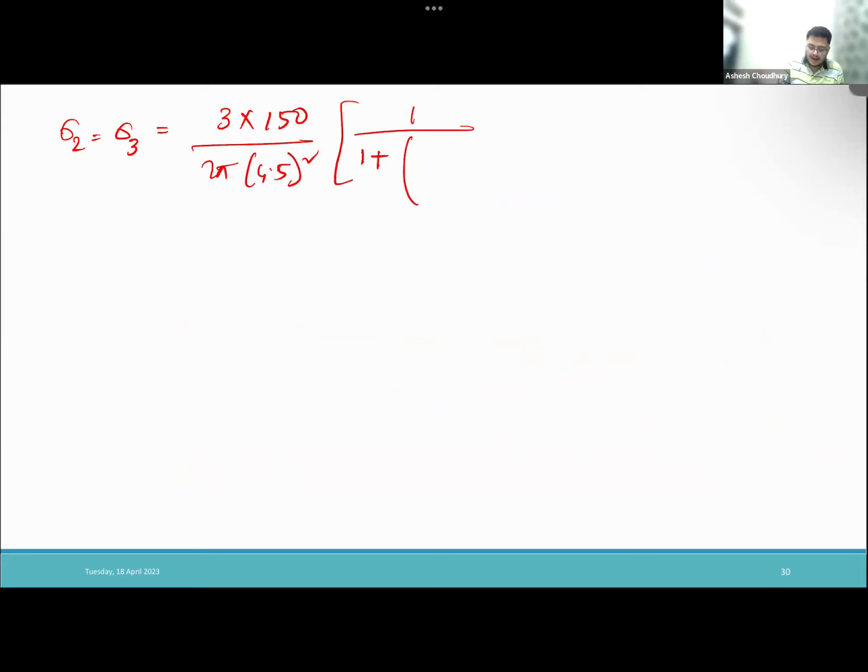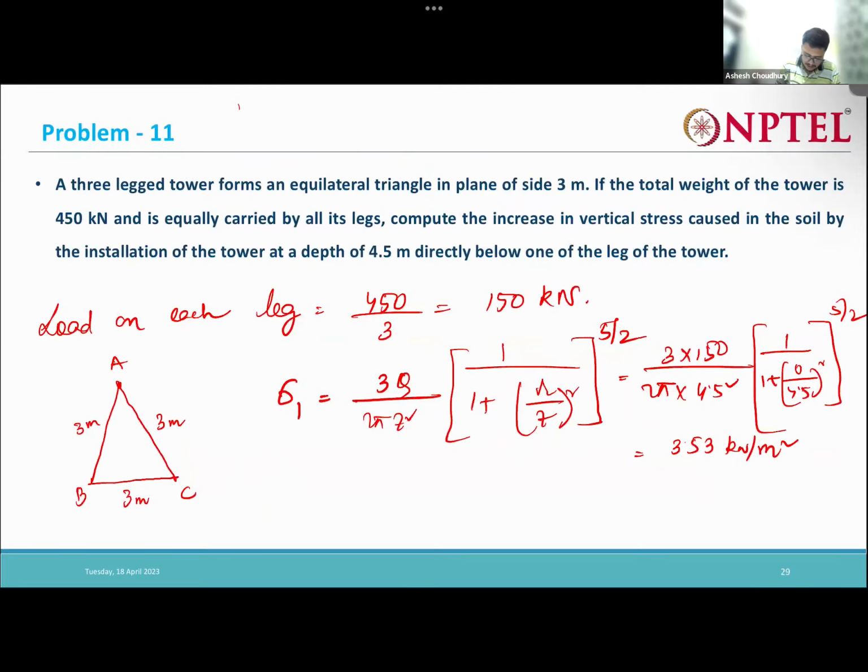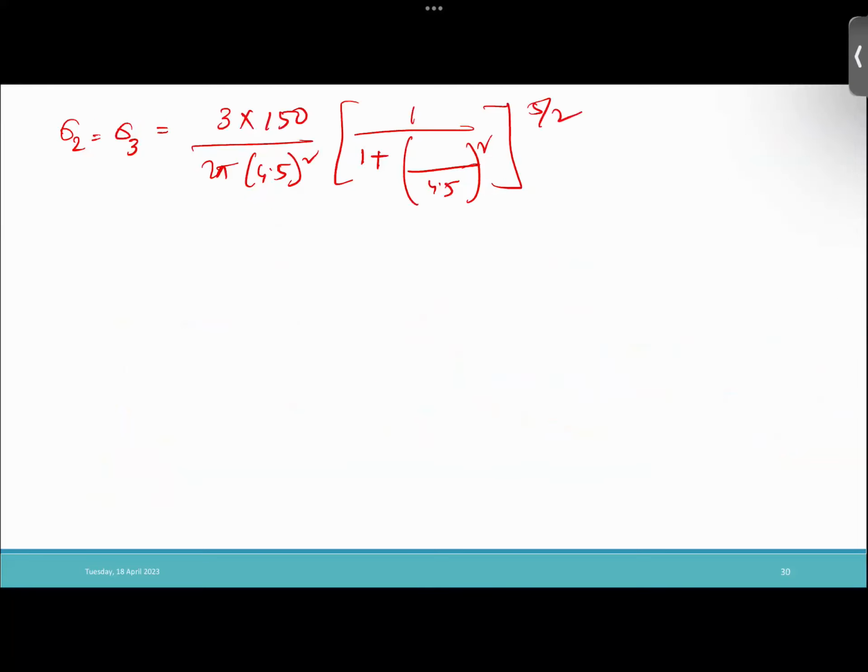Now tell me what will be R? Z you know. Right. So what will be R? For the load here, we are finding here. So what is R? 3 meter, correct. So it will be 3 meter. So please calculate this.